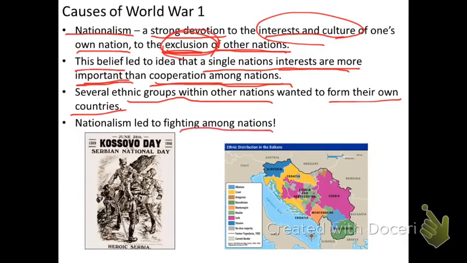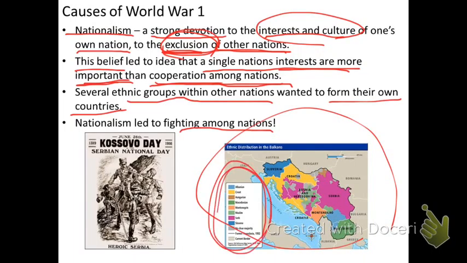Nationalism led to fighting among other nations. Now, I realize this is not the easiest map in the world to see down here. But what you have is a little bit of a look at some of the different ethnic groups within the Balkans.